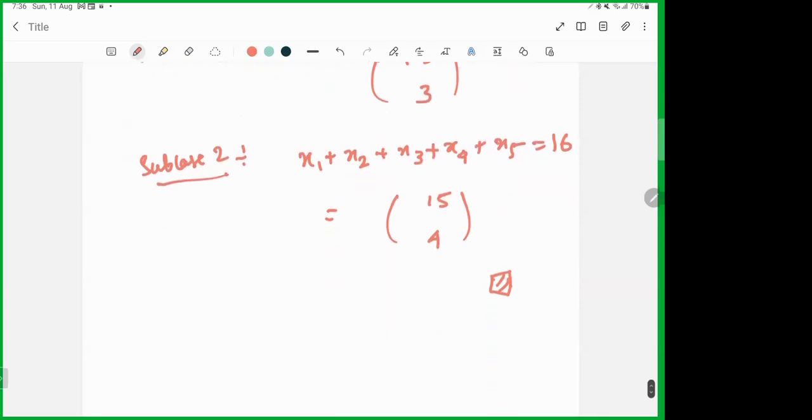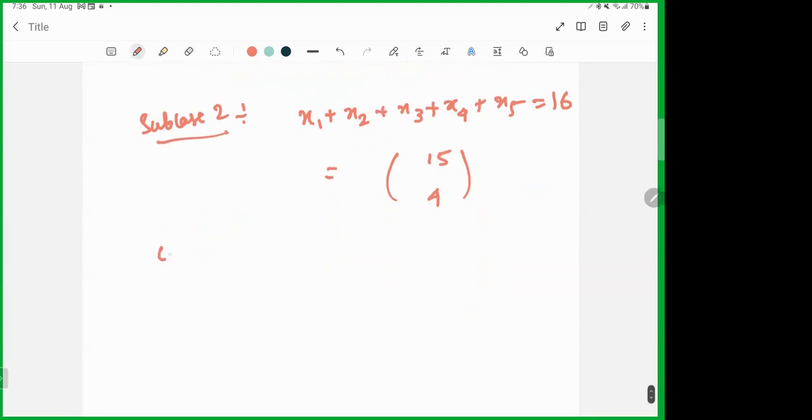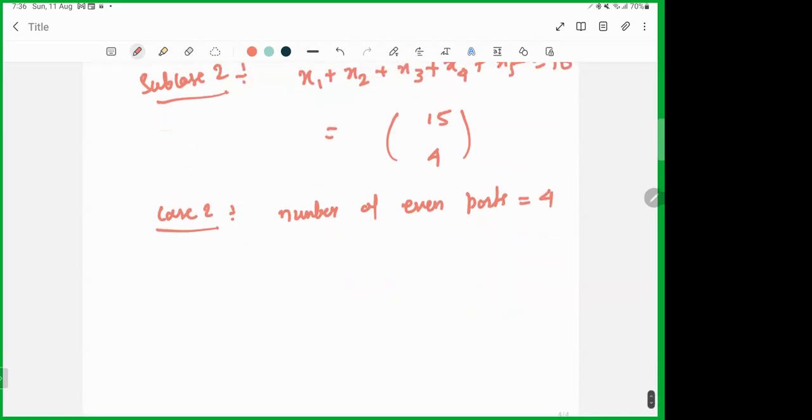Subcase 1, subcase 2. Then similarly, I should also write another case, case 2, when the number of even parts equals 4. Then you have these two choices, subcase 1 and subcase 2.